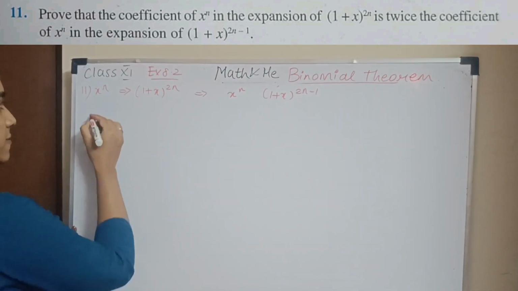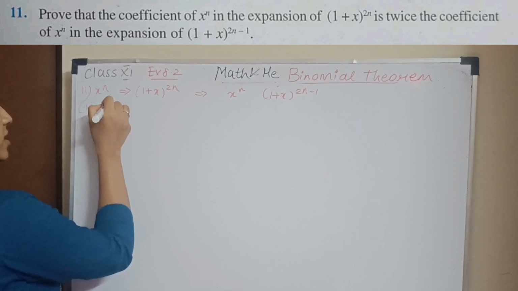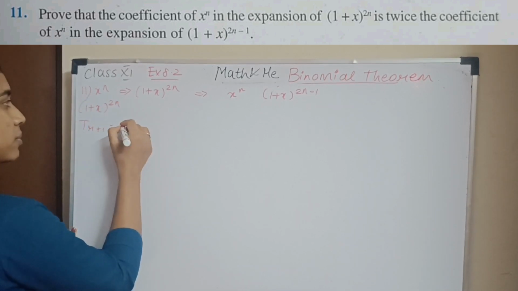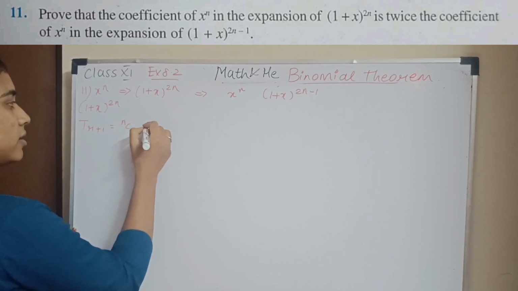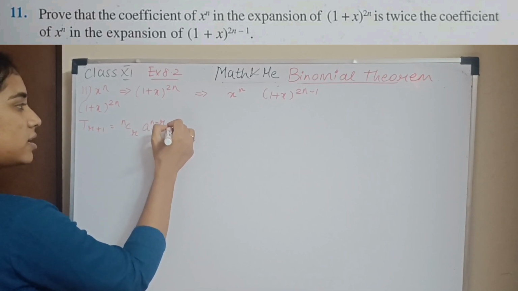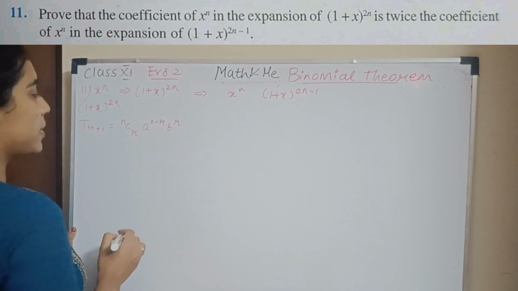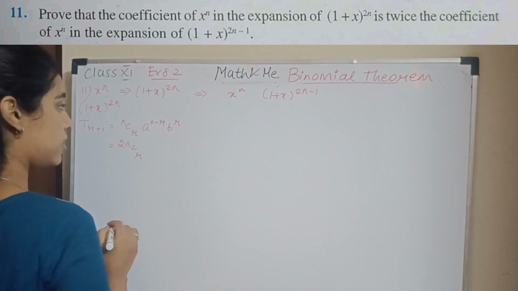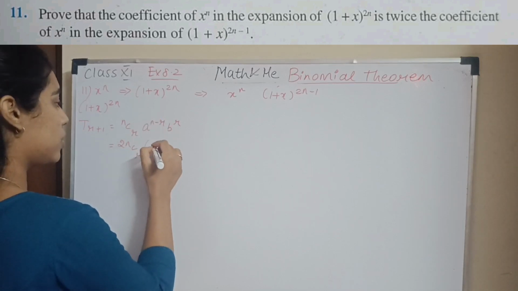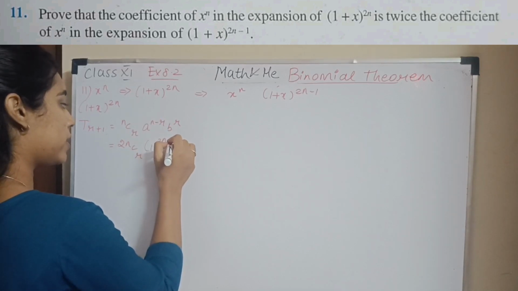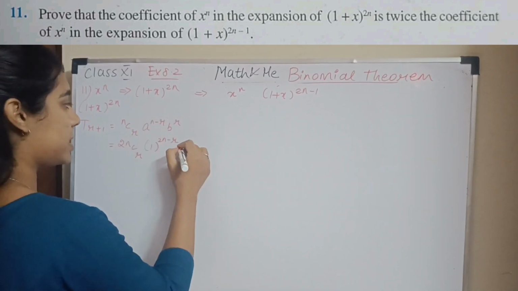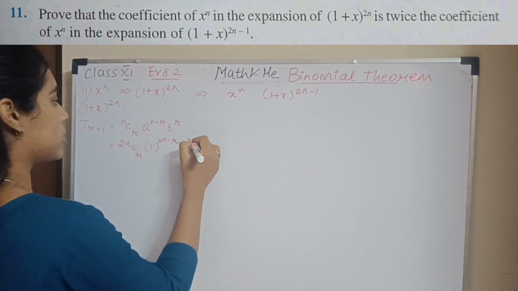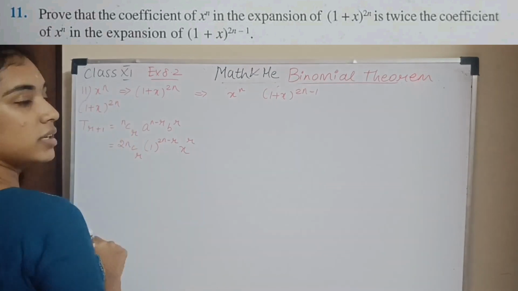So in this case, (1 plus x) to the power 2n, my T of r plus 1 is nothing but nCr a to the n minus r, b to the r. So what is my n? It is 2n in this case. 2nCr, what is my a? 1 to the power 2n minus r. What is my b? x to the power r. So I need my r to be n.